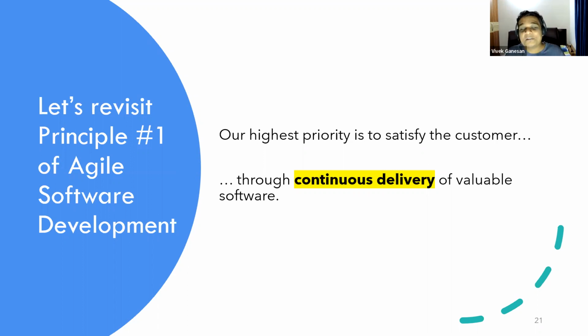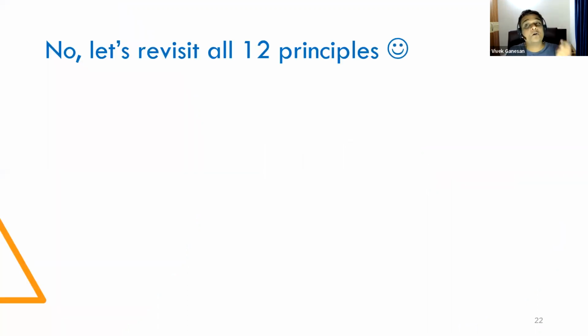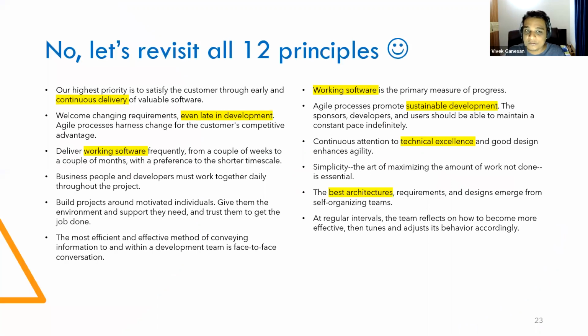Now, not just principle number one. Let's revisit all the 12 principles, and I'll highlight all the parts that we conveniently ignore when we do agile transformations, at least most of the time, right? The ones highlighted here in yellow are things that we conveniently ignore most of the time, due to one reason or other.